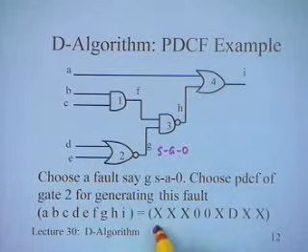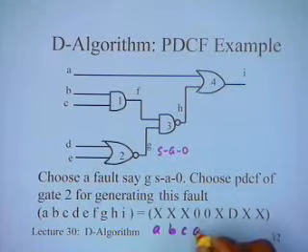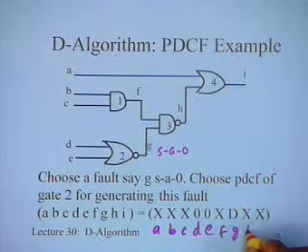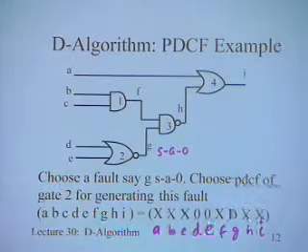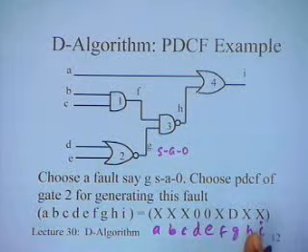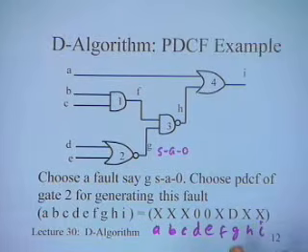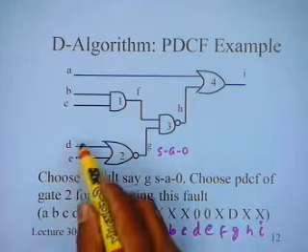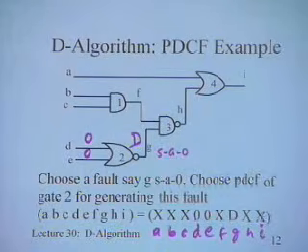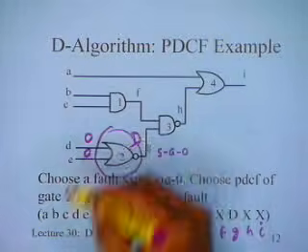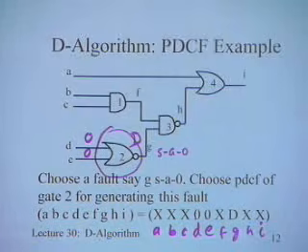So this is A, B, C, D, E, F, G, H, I. Initially I start with all x's, nothing is specified, and once I have chosen a PDCF and crossed it with this, I get 0, 0 for D, E and this one is D, and so I have got the PDCF of this.